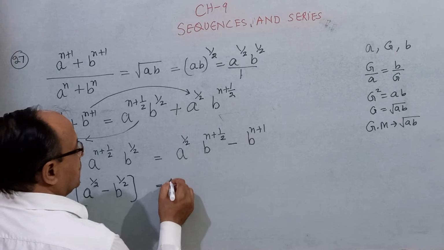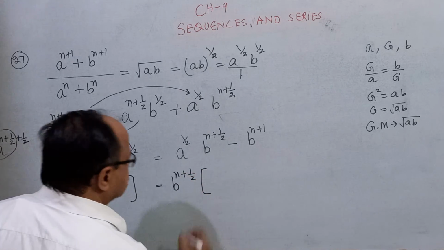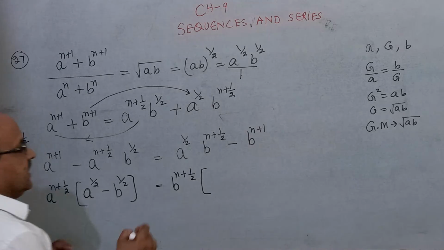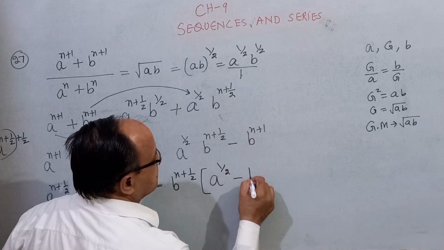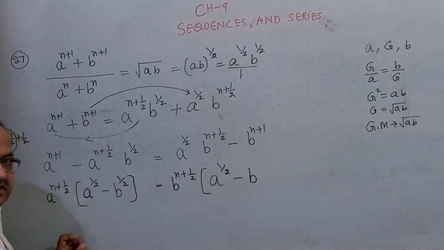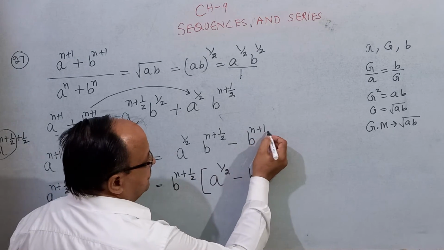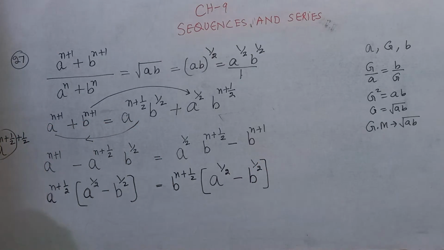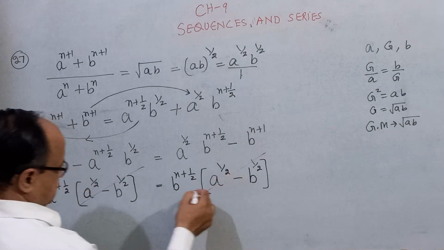Here you can take common b to the power n plus 1 by 2. Same procedure. The remaining term is a to the power 1 by 2 minus b to the power 1 by 2, writing 1 as half plus half. And you know that the like terms will be cancelled. These terms cancel.